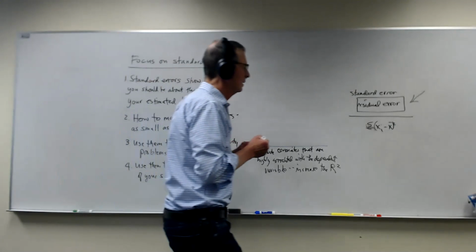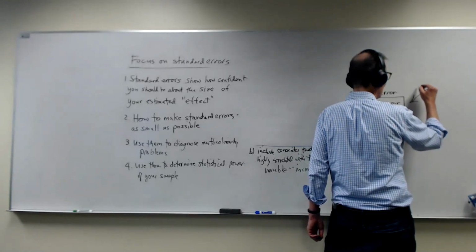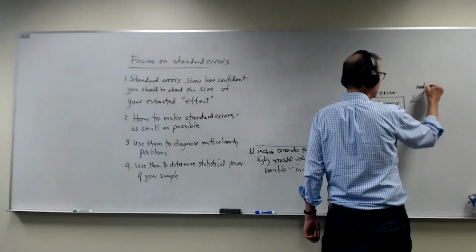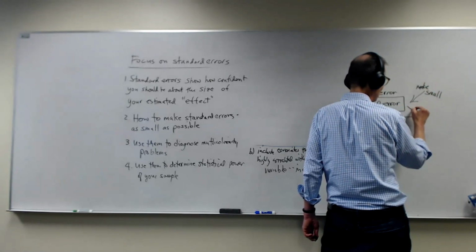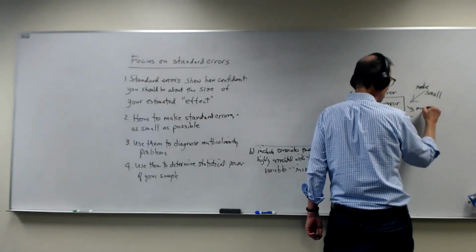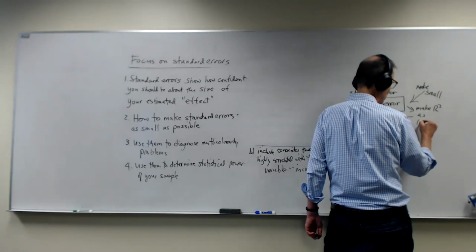Residual error means 1 minus the r square. So make small, in essence, means make r square as large as possible.